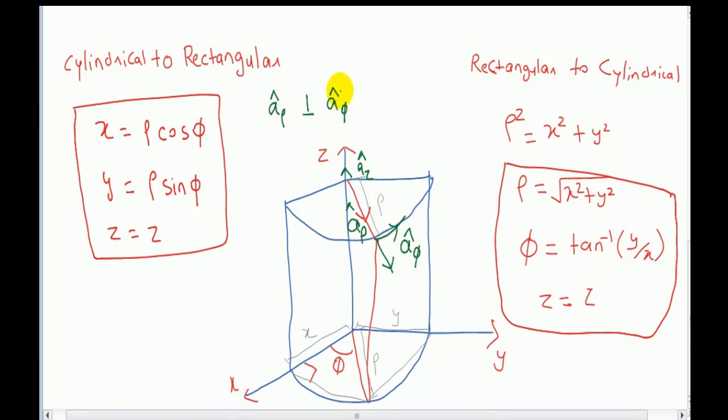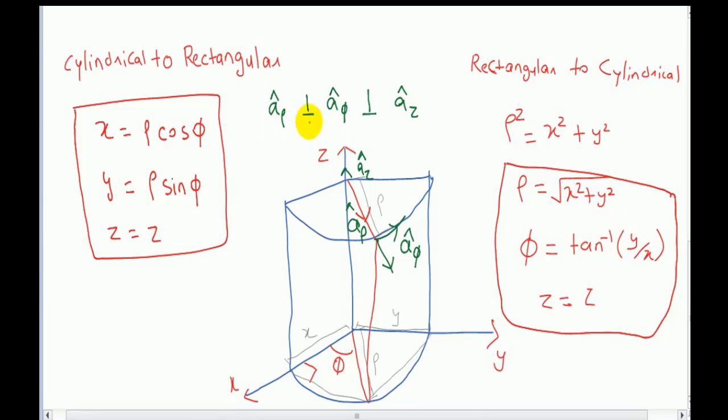As in the case of rectangular coordinate system, the Ax cap, Ay cap and Az cap, all the three unit vectors were perpendicular to each other. Here also all the three unit vectors A rho cap, A phi cap and Az cap are mutually perpendicular.